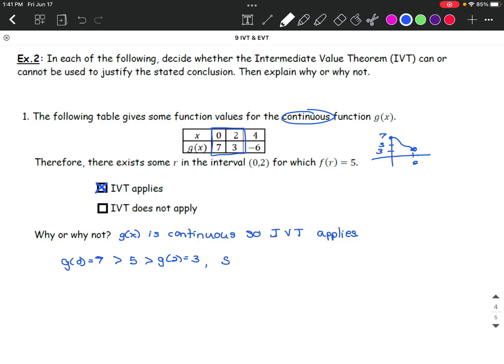Okay? So there must be an r, that's just like saying an x value, such that r is between 0 and 2, and g of r equals 5.